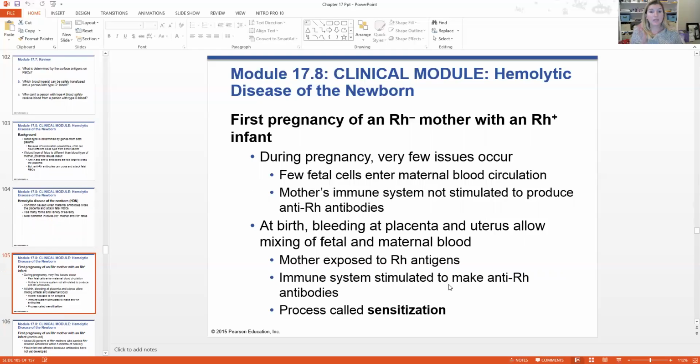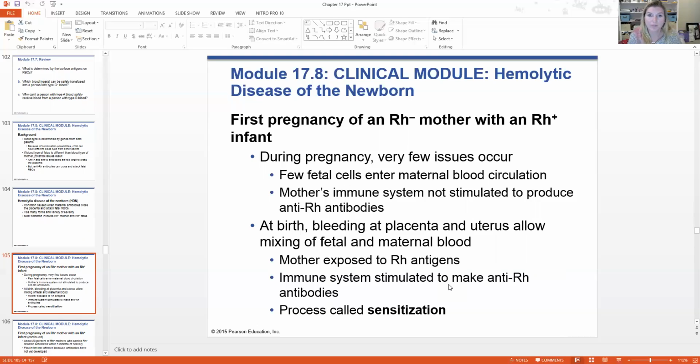In a mother who has, this is their first pregnancy and you're Rh negative, there's very few things to worry about. During pregnancy, very few issues will occur if you're Rh negative, because, as we said, you're not born with those anti-Rh antibodies. Unless you received a transfusion that was wrong at first or whatever, you would probably know about that.